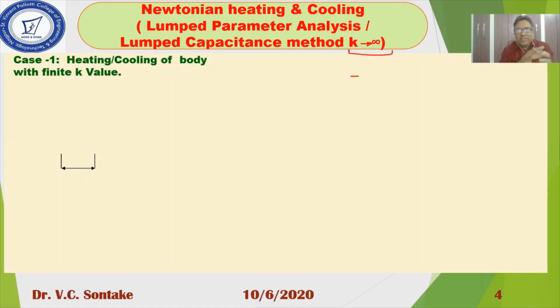When such an object is undergoing heating or cooling by virtue of heat transfer into or from that system, its material offers a thermal resistance, as we have studied in unit 1, and by virtue of that there exists a temperature gradient within the body itself. That is, its different surfaces will be maintained at different temperatures.